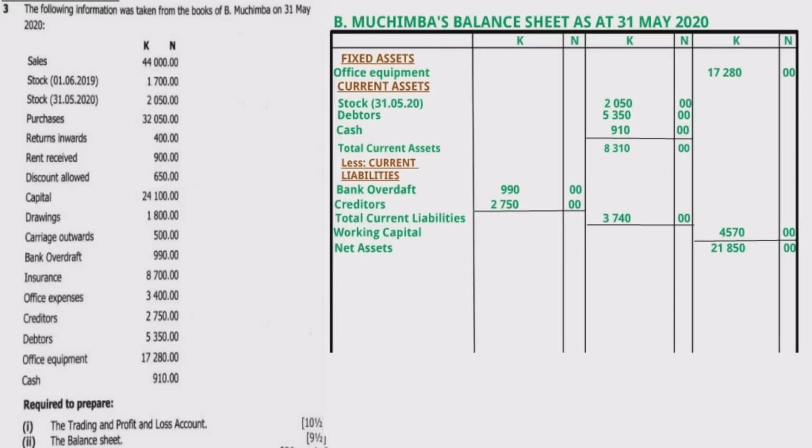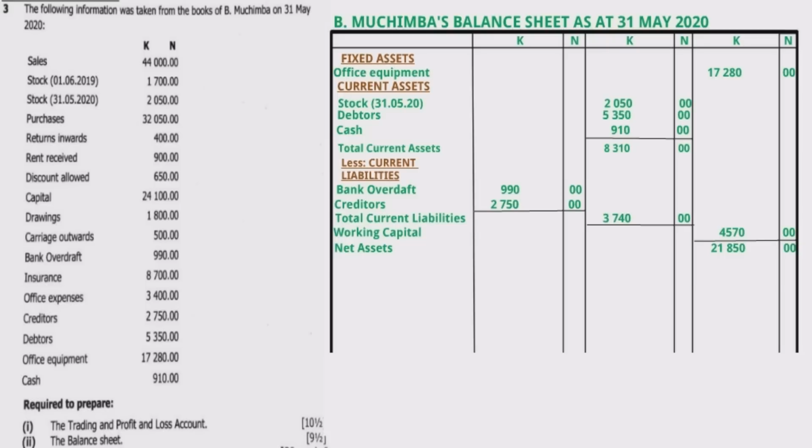So Mr. Mchimba's net assets is 21,850 kwacha. Okay, now once we have done this, then we can go further and do this.